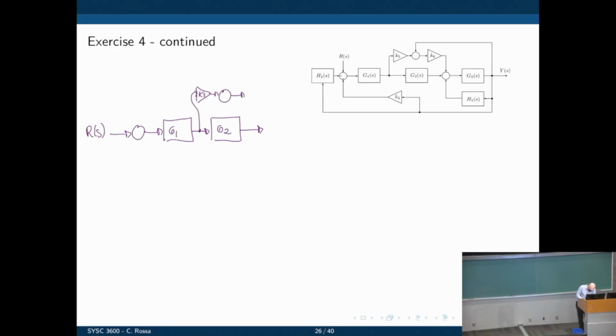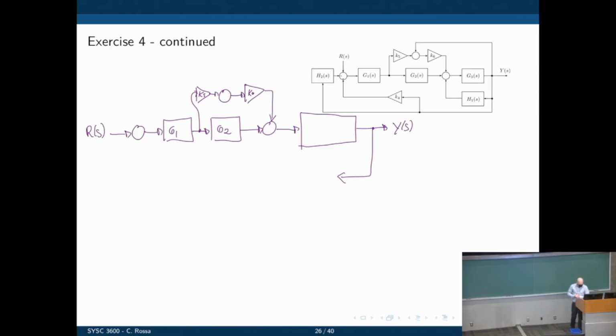And we have K6 that feeds a sum. Then we have that. And then we have a block here that you're going to come up with. And this block is the simplification of G3 and H1. We have H of S, Y of S there.